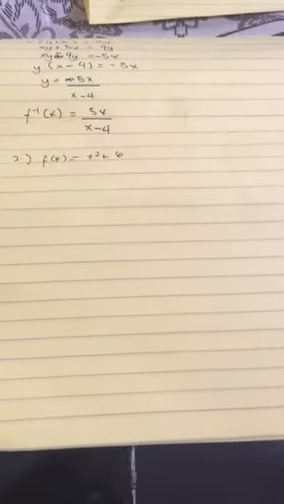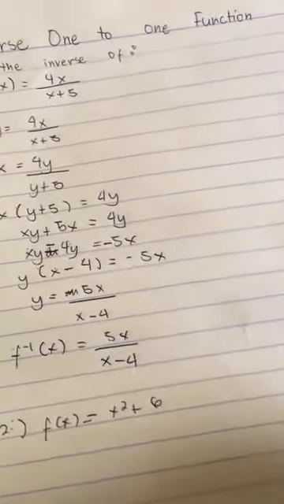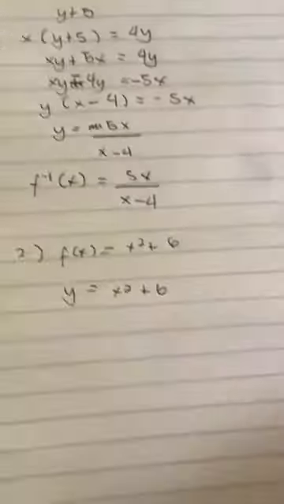Just like what we have done in the first one, we are going to let y be the f of x. Then interchange the variables x and y. So it will become x equals y squared plus 6.